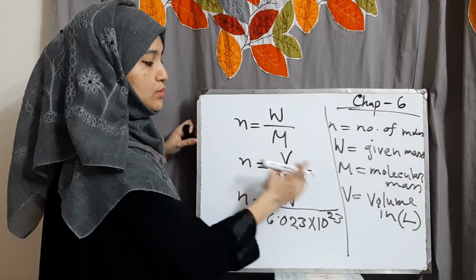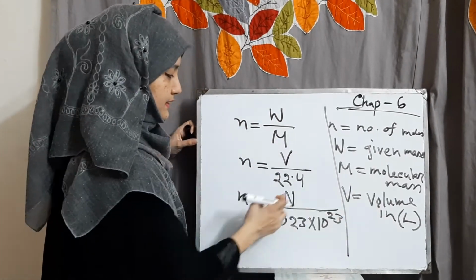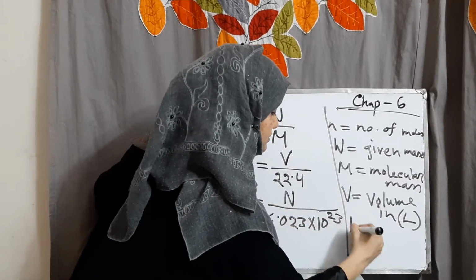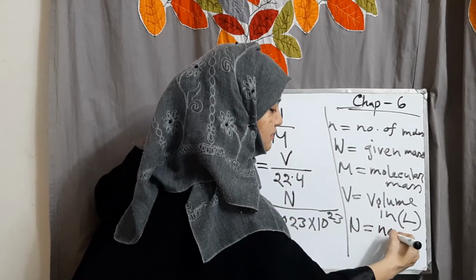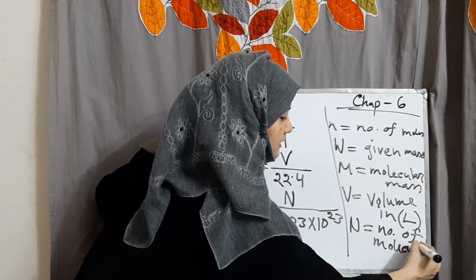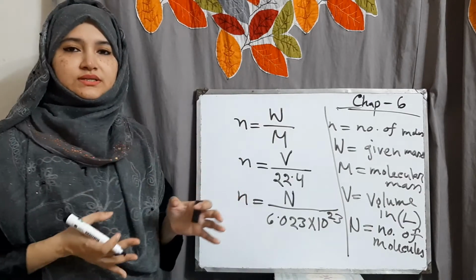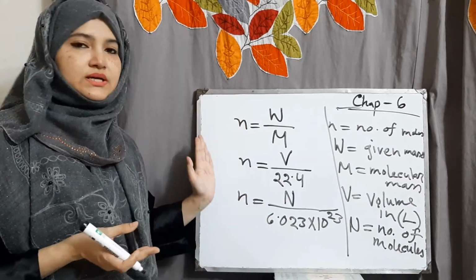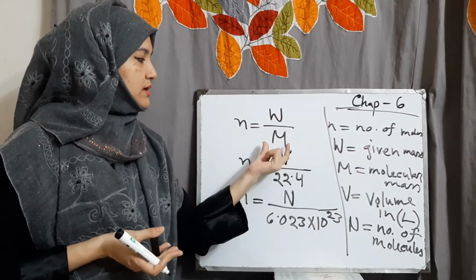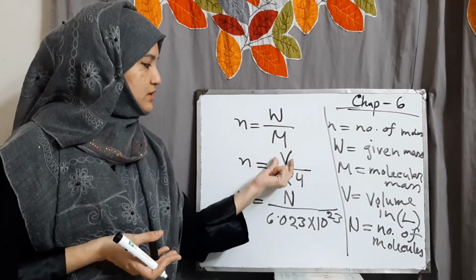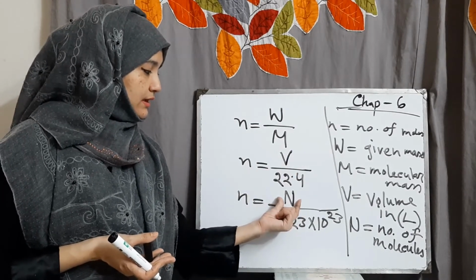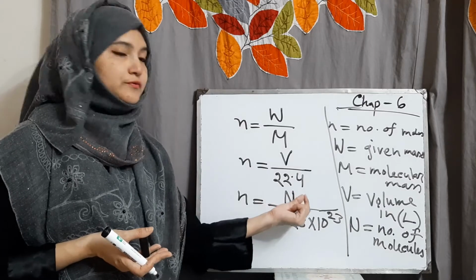This is volume in liter. And capital N is the number of molecules. Students, I think the formulas are clear to you: n number of moles, W given mass, M molecular mass, V volume in liter unit, and N number of molecules.